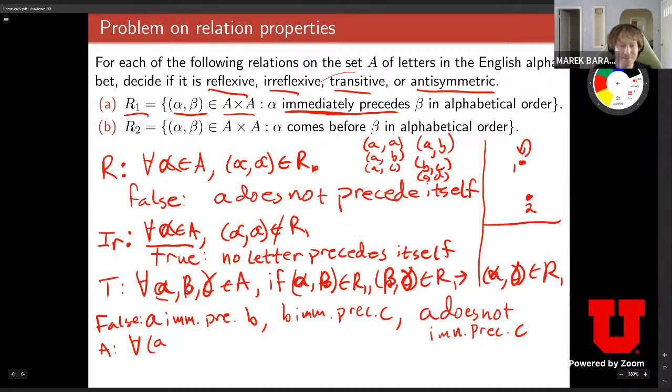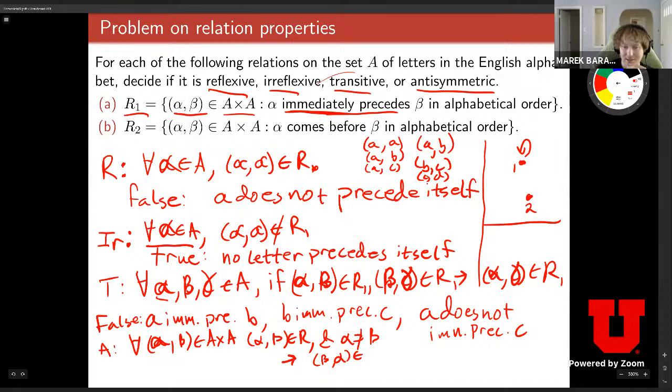So we have for all alpha and beta, if we have the pair alpha beta in R1, and alpha does not equal beta, then beta alpha is not in R1.